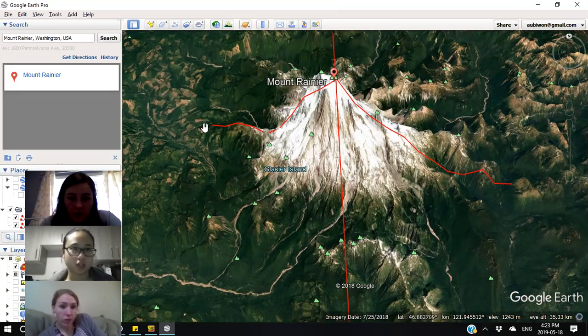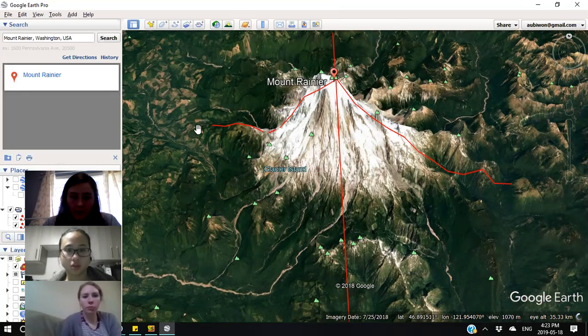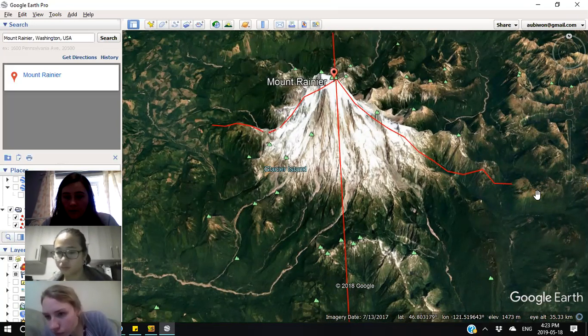just looking at this bottom part that has elevation, looking at the bottom of the west side of the volcano, it's about 1,200, we could say. And looking at the bottom of the right side, the east side, it's about 1,400.